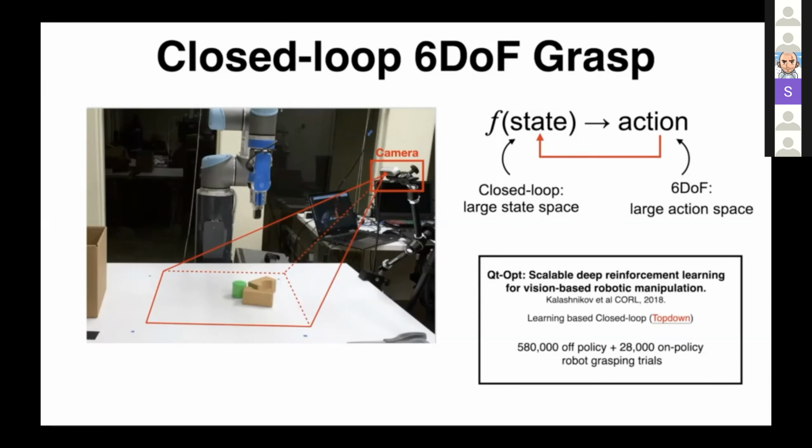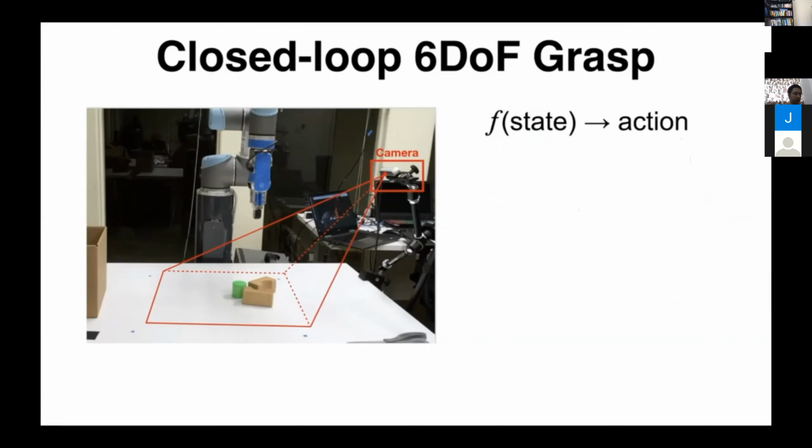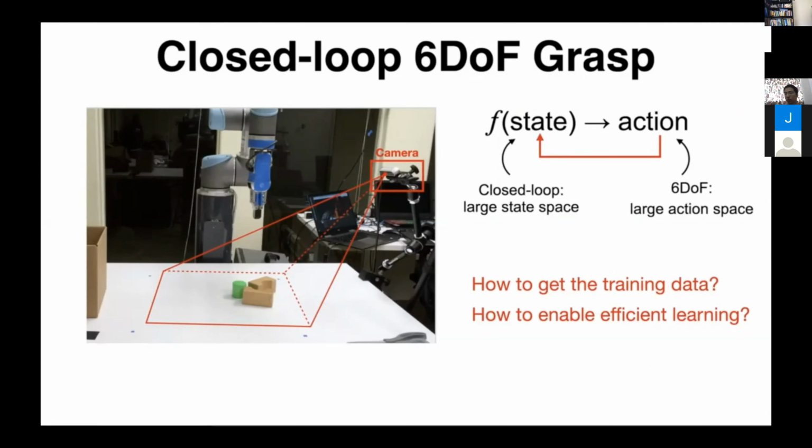Together, the large action and state space will make end-to-end learning extremely difficult. Therefore, to achieve 6-DoF closed-loop grasping, we really need to address two fundamental problems. First is how to get training data to cover such a large space, and the second is how to design the state and action space to enable efficient learning.